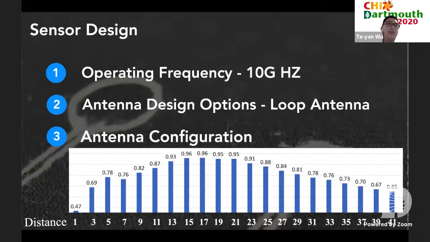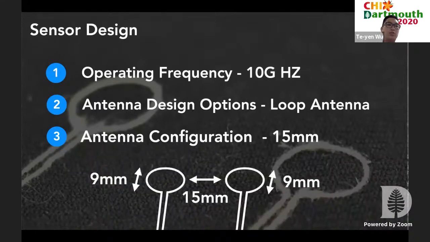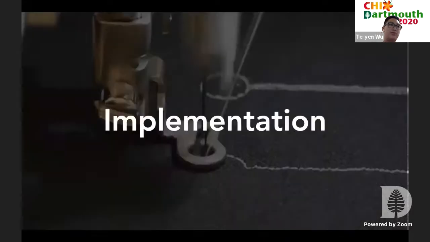So considering the balance between the signal strength and the sensor size, we chose 15 mm as our distance in our implementation. To summarize, our final design includes 2 loop antennas, which had a diameter of 9 mm, and they were placed 15 mm away from each other.